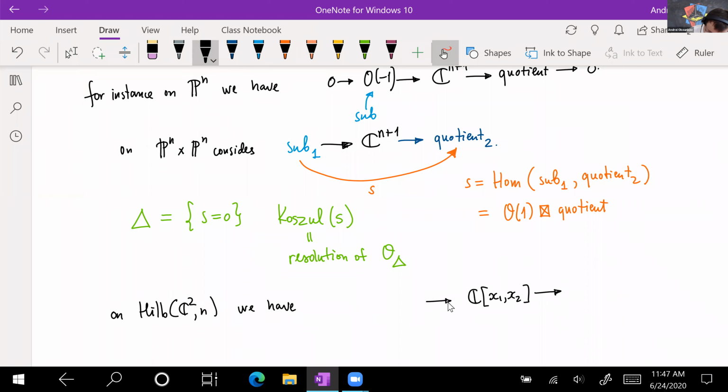So there's a fiber which is the ideal itself, and then there's a quotient C[x1, x2] mod I, and that has rank n.